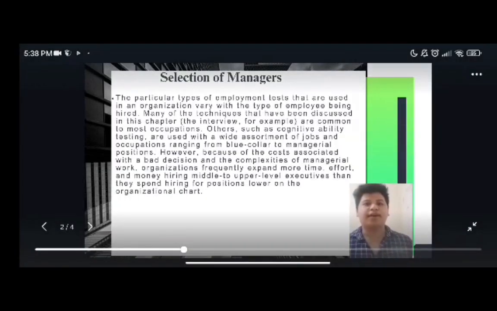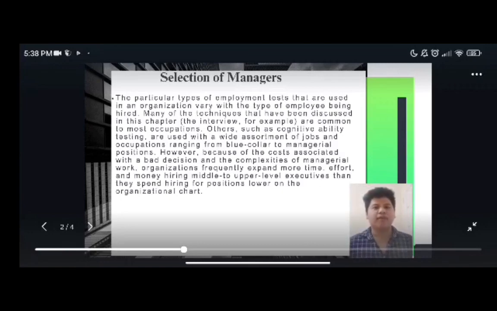Selection of managers. The particular types of employment tests that are used in organizations vary with the type of employee being hired. Many of the techniques that have been discussed in this chapter, the interview for example, are common to most occupations. Others, such as cognitive ability testing, are used with a wide assortment of jobs and occupations, ranging from blue-collar to managerial positions.